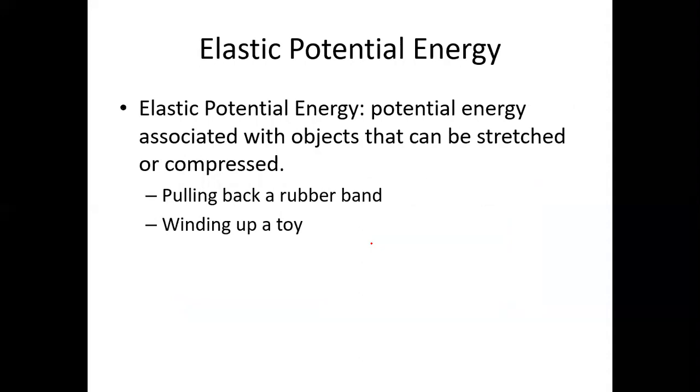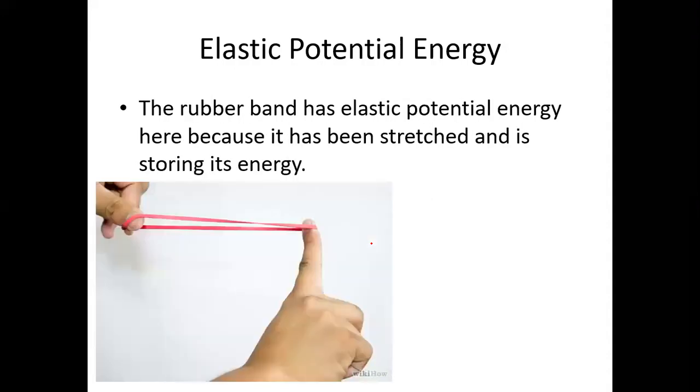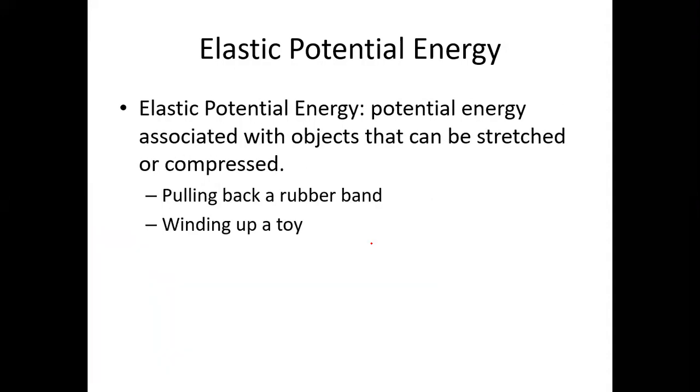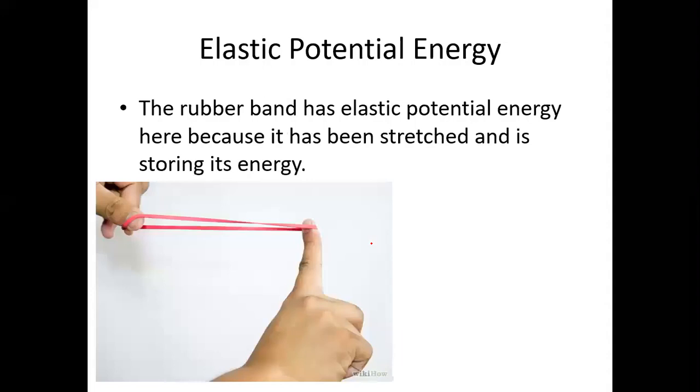The next type of potential energy is elastic potential energy. Elastic potential energy is the potential energy associated with objects that can be stretched or compressed, like, for example, pulling back a rubber band and winding up a toy. When the rubber band is stretched, it stores energy, and this stored energy is called elastic potential energy.